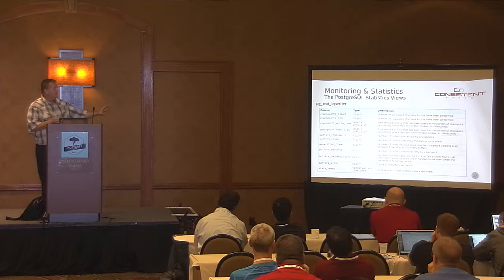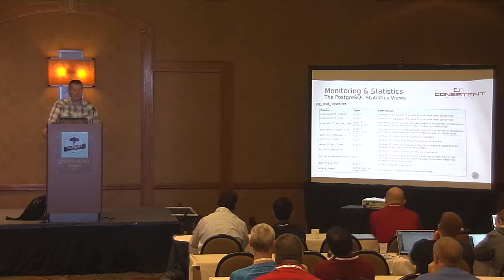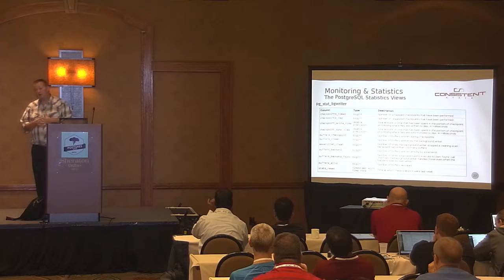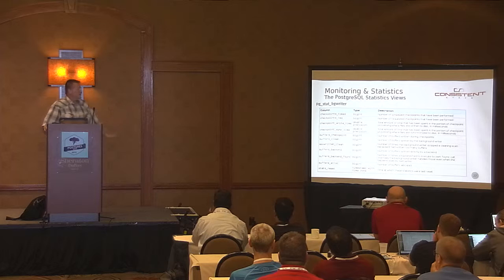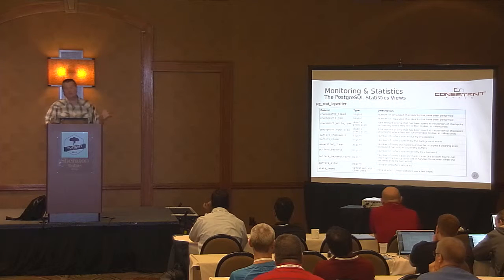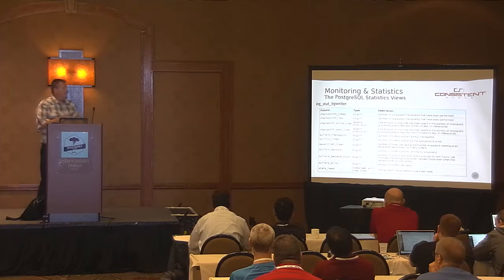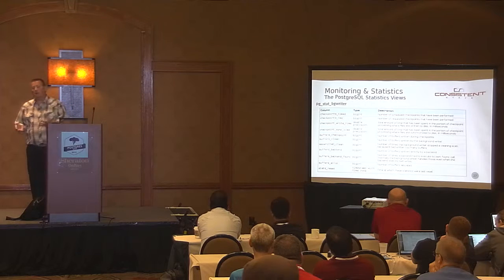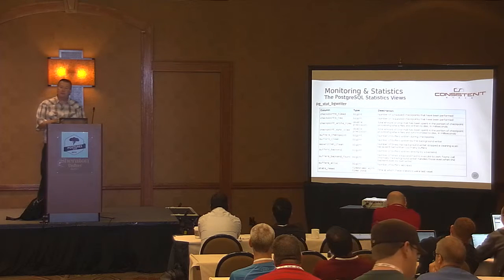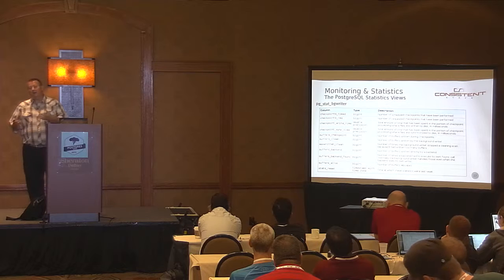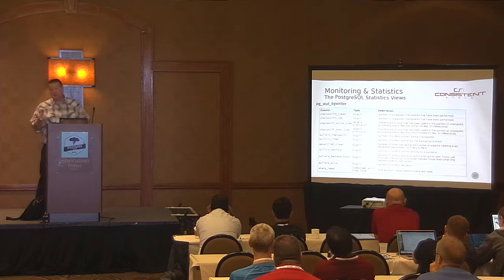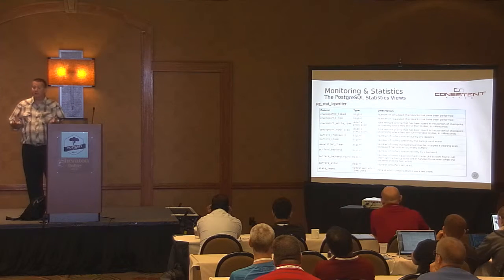There's a buffers_clean and a maxwritten_clean. The buffers_clean being the number of buffers that were written by the background writer, and then also maxwritten_clean, and this is actually a fairly key indicator, the number of times that the background writer woke up and wrote the maximum number of pages it was allowed to write, and then had to go back to sleep even though there were more dirty pages that it could have written to disk.